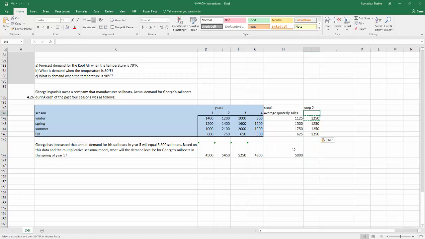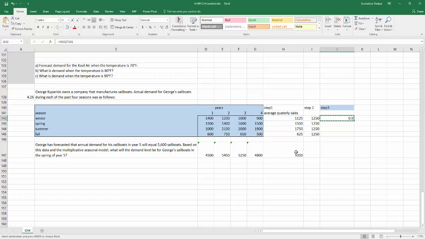Now once you have this, step 3 is to calculate the actual average for the quarter divided by the uniform average for the quarter, which is coming from the average demand.